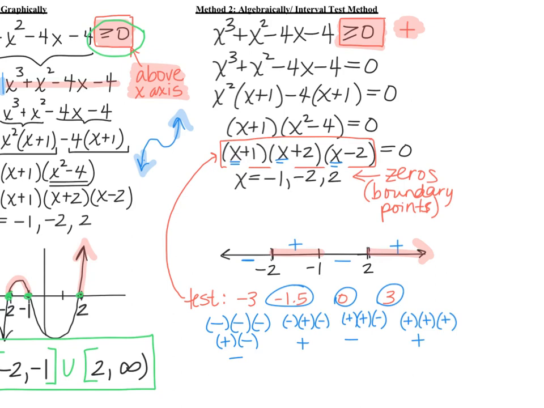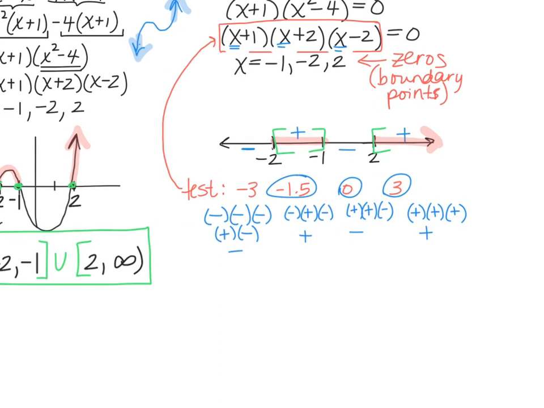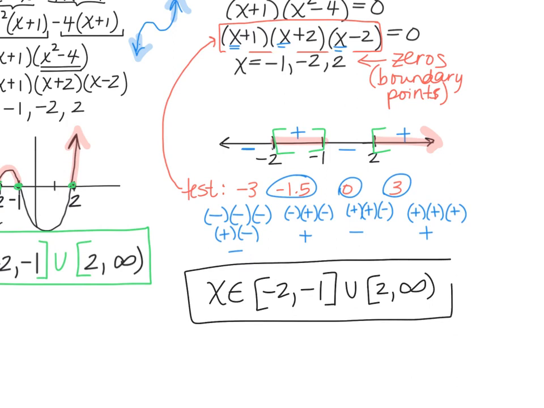And then once again, because of the equal to here, it's not just greater than, it's greater than or equal to, then we want to include the zeros, which means we will use brackets on all of those zeros. And then that sign analysis is complete and we can write our final answer. So all of the x values that are elements of the interval from -2 to -1, unioned with 2 to infinity, will produce positive outputs. So these will be the solutions to the inequality.